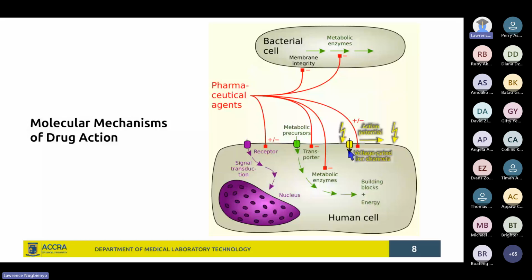Because once the channel is opened, you have ions that are moving across the cell. And once you have these ions moving across the cell, it generates a potential across the cell, either plus or minus. So for instance, if you have hydrogen ions moving out of the cell, it means you have positive ions moving out of the cell.